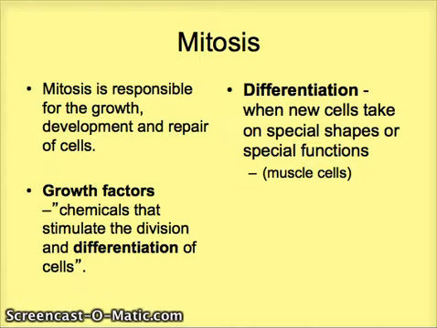That happens when a chemical called a growth factor is created, and the receptor proteins on the outside of the new membrane receive it, and that growth factor says, you are a heart cell, start behaving like one.